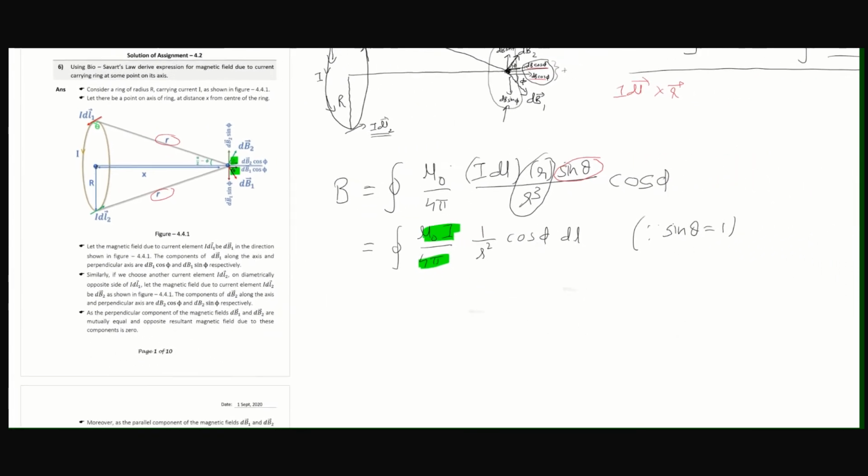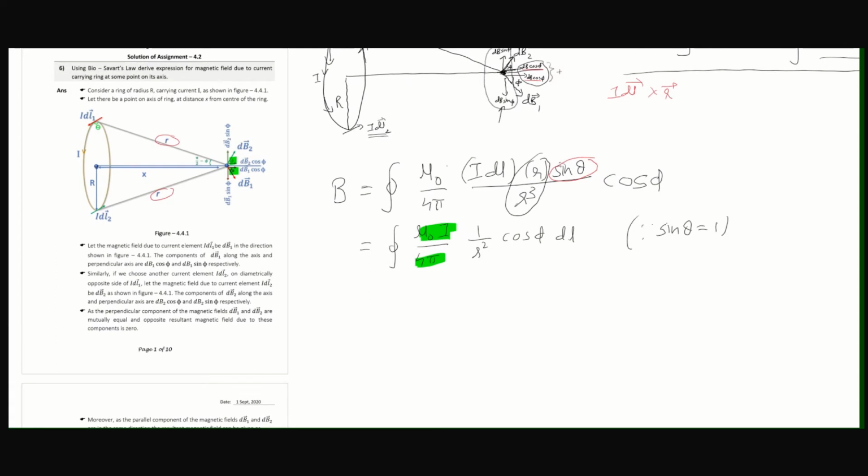And then what we have, so if I take all the constant terms out, mu 0 I by 4 pi r square cos phi dl. Okay, what is cos phi?